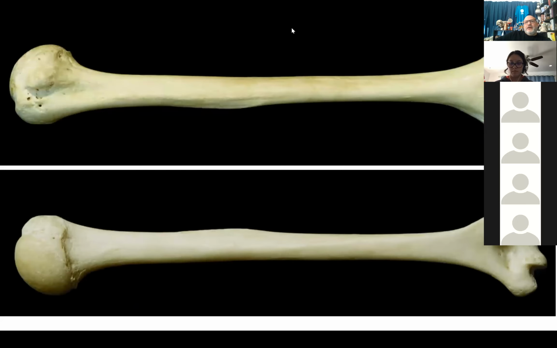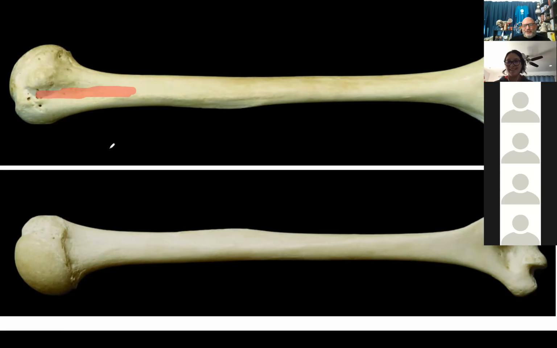What bone is this? It's the humerus, absolutely. And on the humerus, there is an indentation right here. Anybody remember what that indentation is? The intertubercular groove or sulcus, right?